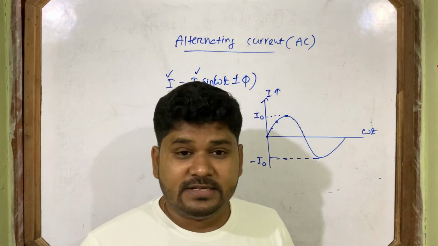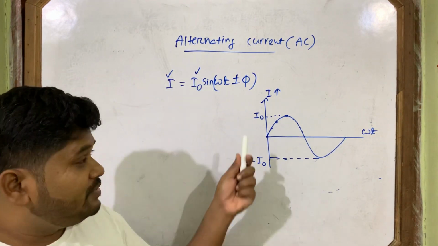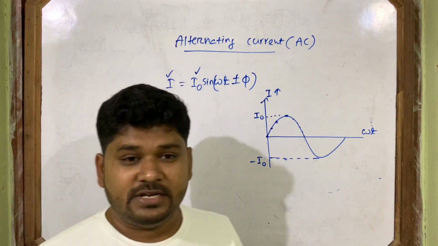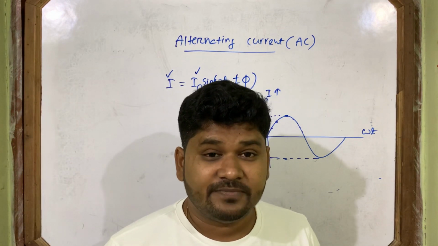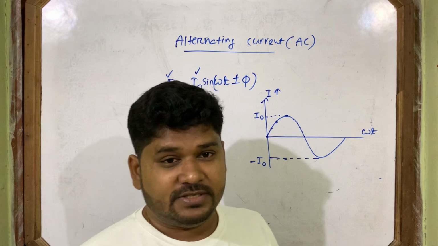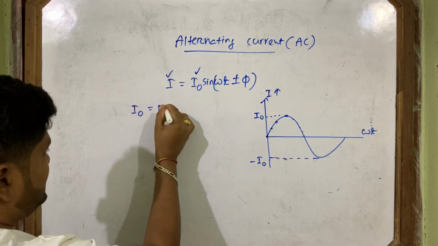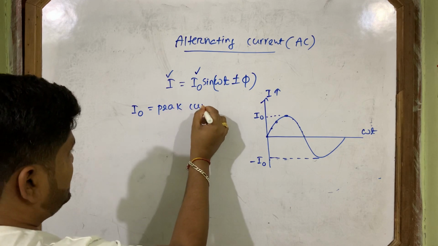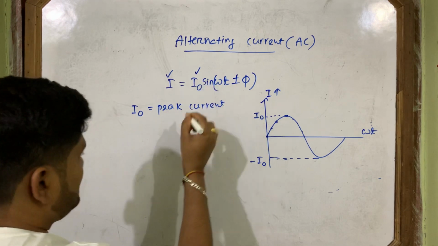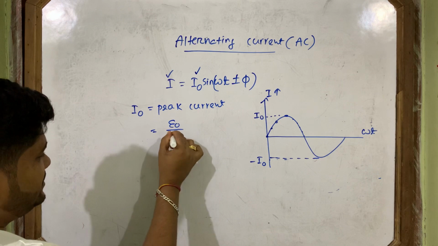Means your current varies between plus I naught and minus I naught. This I naught is called as what? Peak current. This I naught is called as peak current, and this is equal to E naught by R.